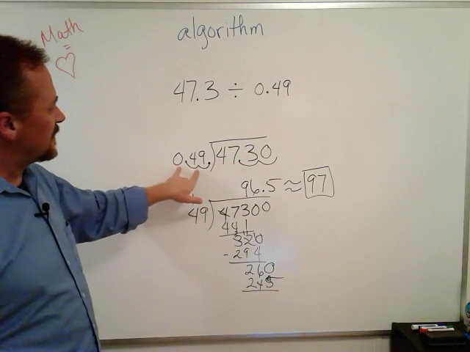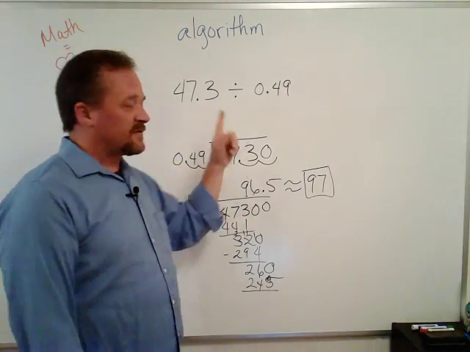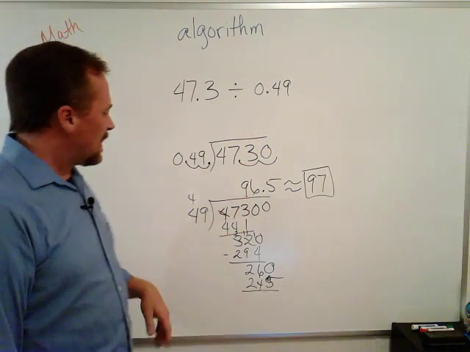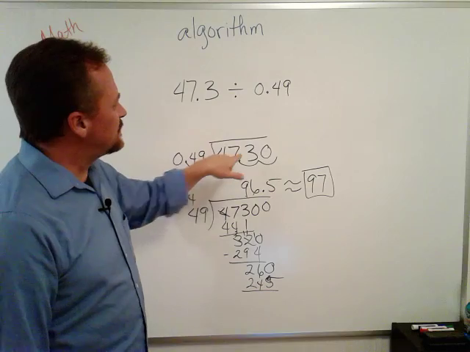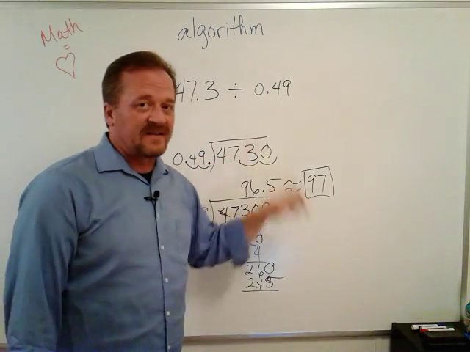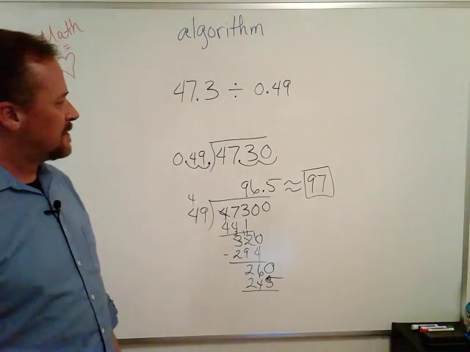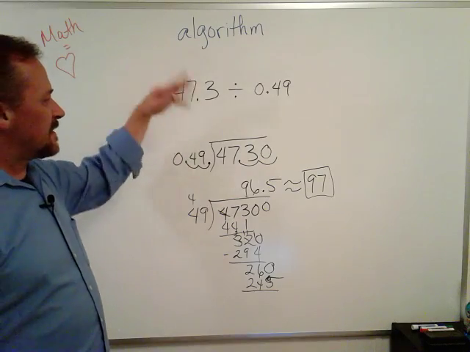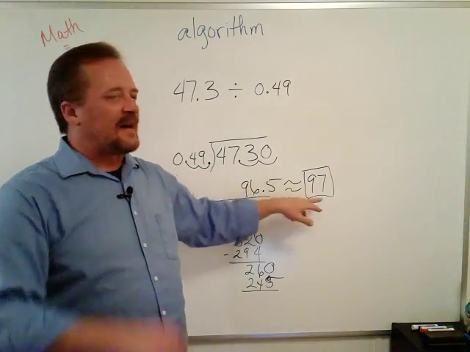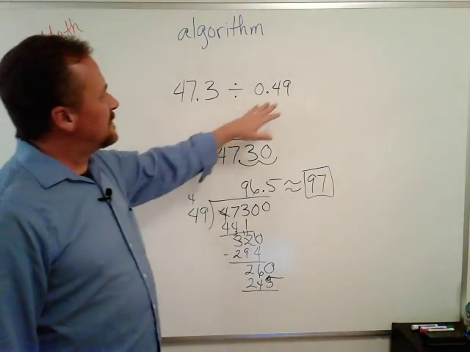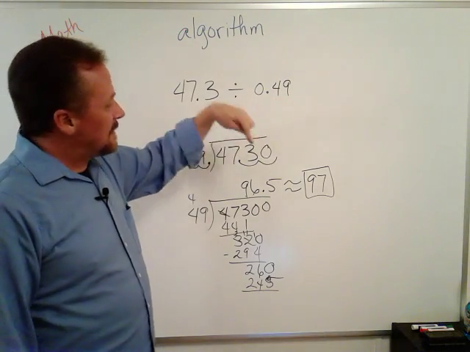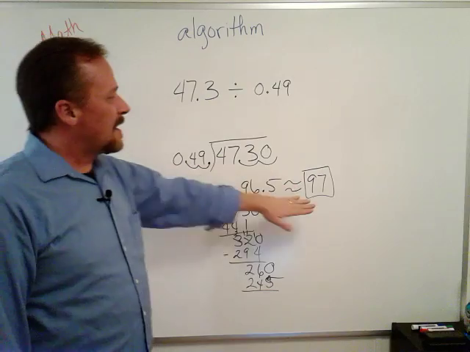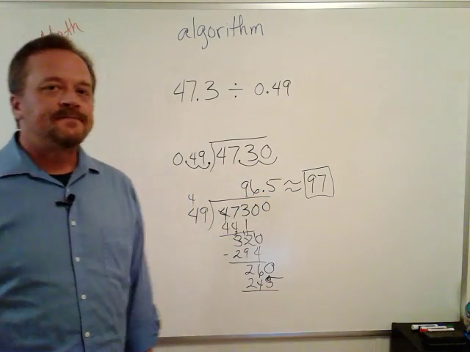Whenever you see a decimal here, you're going to have to turn it into a whole number. And however many times you move that decimal, you must do the same thing to the number inside the brackets, because that's how fractions work. Now the answer to this came out to be about 97, which means I can fit 0.49, which is just under a half, into 47.3 about 97 times, okay?